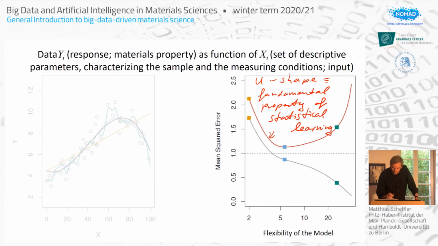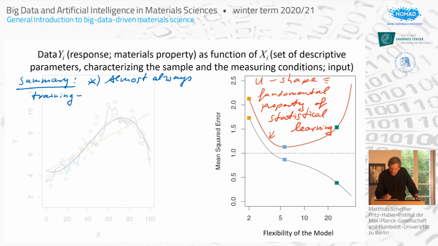Now, I would like to discuss that in terms of my summary of what we discussed in the last 10 minutes or so. The first thing is that almost always it is true that the training error, the training MSE, is smaller than the test MSE.